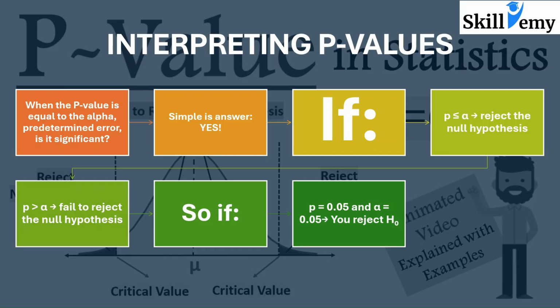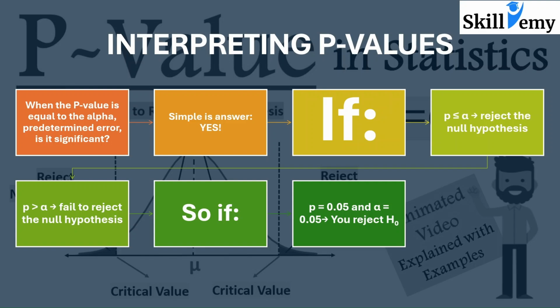So let's say your alpha predetermined error, so predetermined error is whatever you've already established, and the generally accepted alpha value is 0.05. So let's say we have our alpha predetermined error to be 0.05, which is 5%. Then you run your analysis and your p is equal to 0.05.